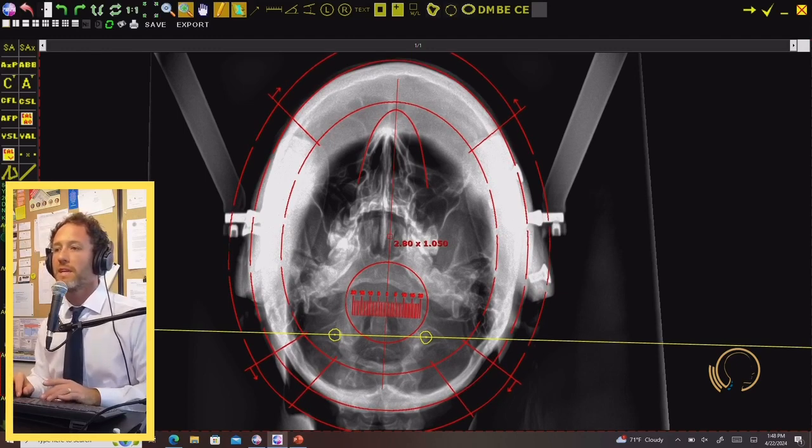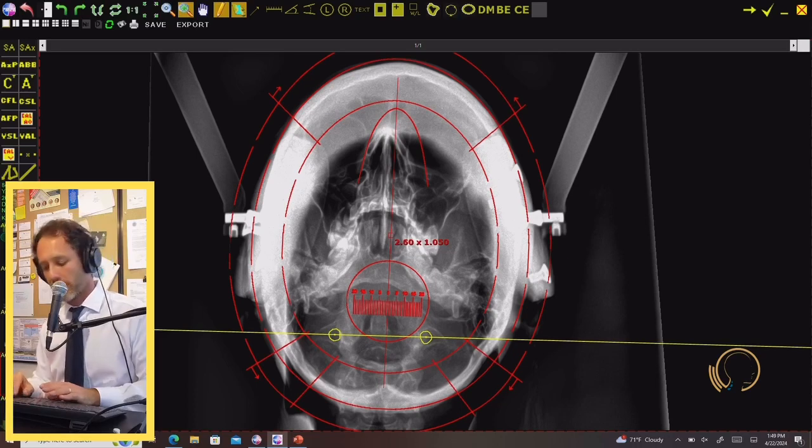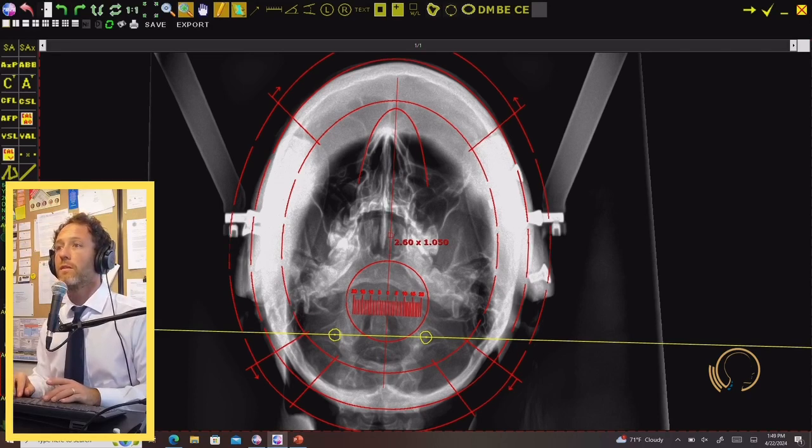And then you want that space to bone very similar in those two windows to each other, right? Okay. So that's where I would drop on this particular patient a horizontal cephalic line. Again, with those three windows.